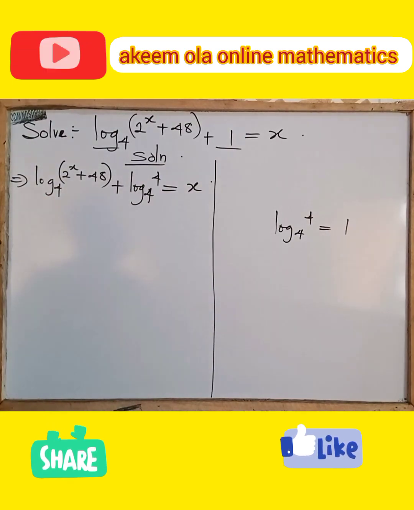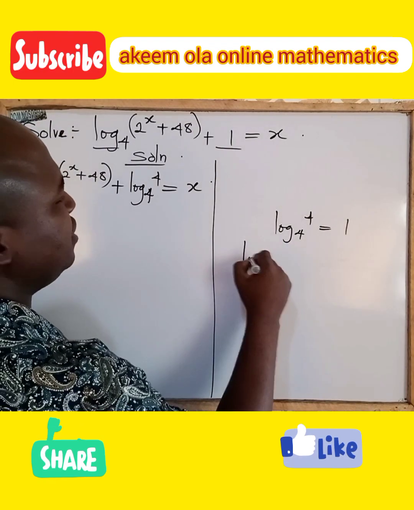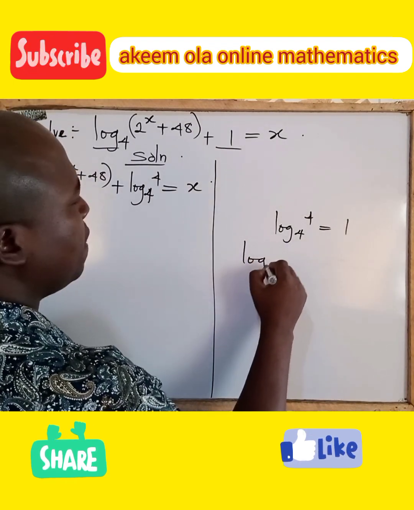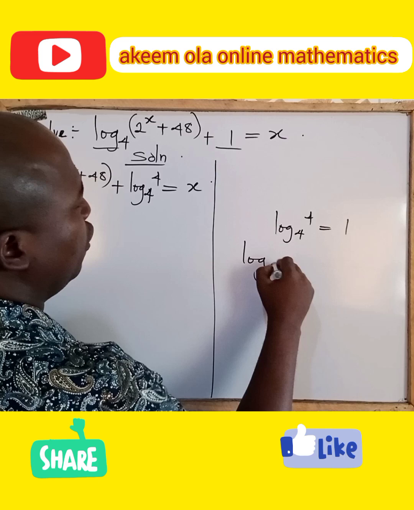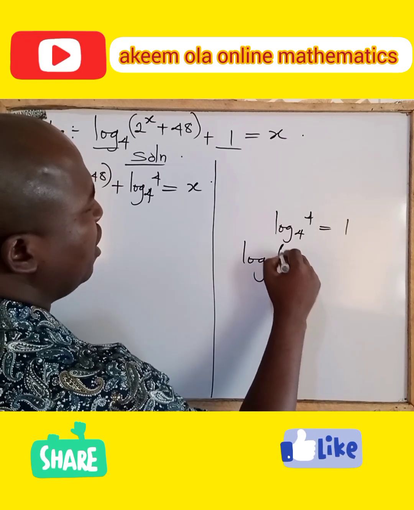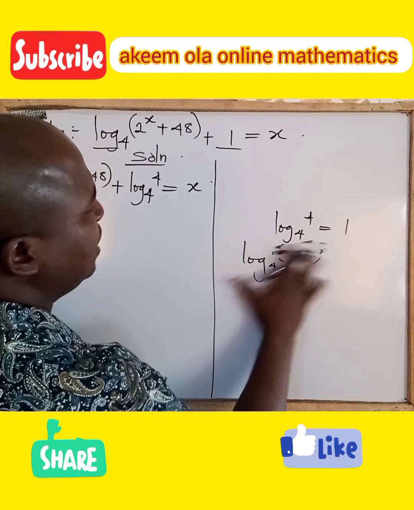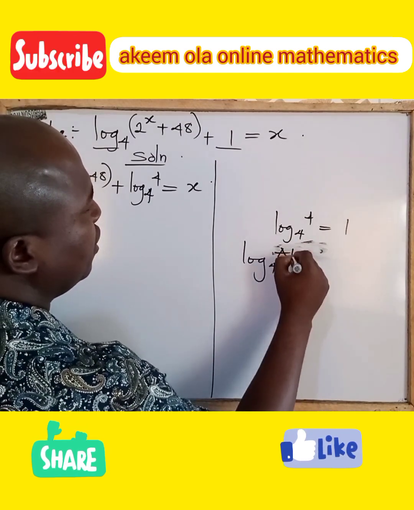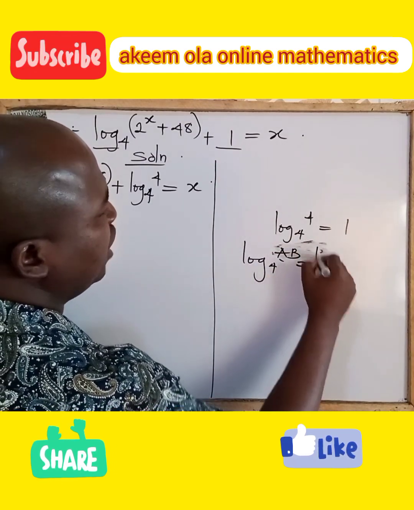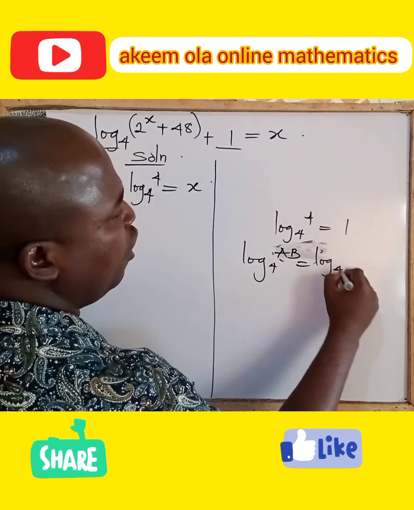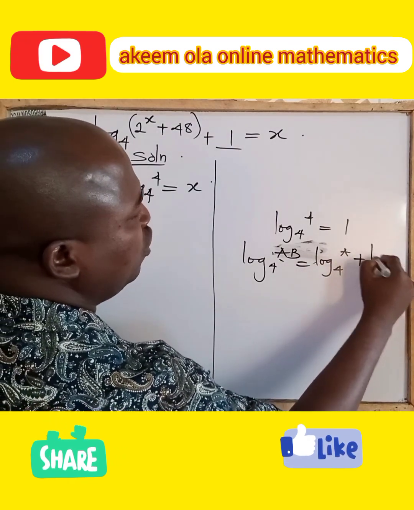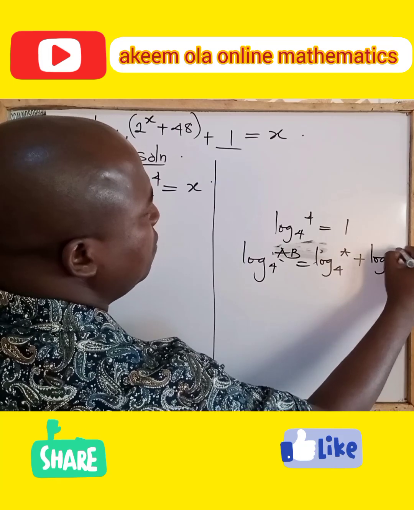Since the bases are the same now, we can apply the law of log. When you have log base 4 of a times b, it means you are going to have log 4 a plus log 4 b.